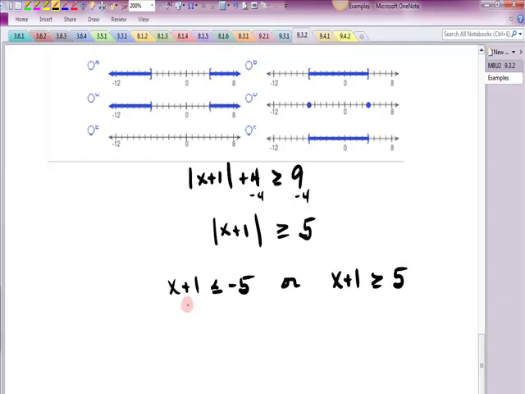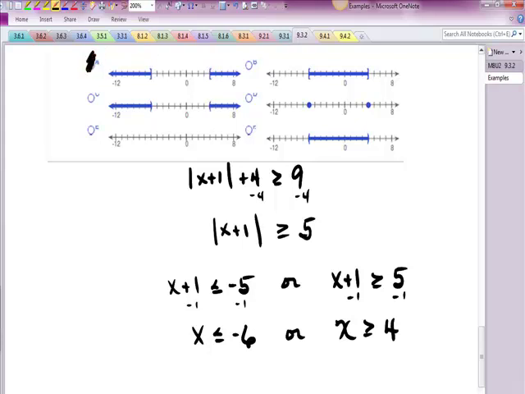Solve each of those. Subtract 1. X is less than or equal to negative 6, or subtract 1, X is greater than or equal to 4. So it's less than or equal to negative 6 or greater than or equal to 4.